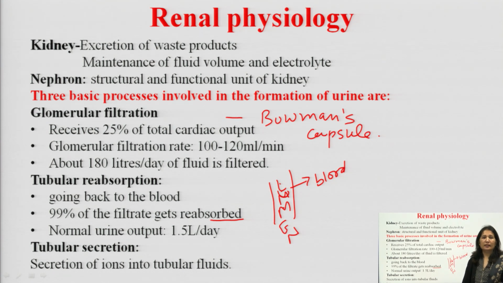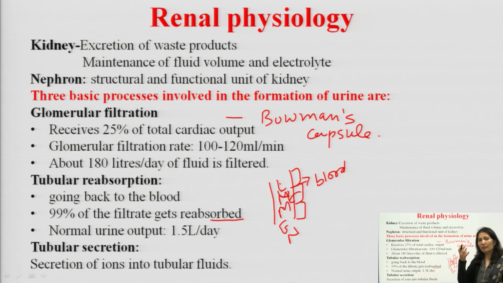The third step is tubular secretion, that is, secretion of ions into the tubular fluid. A few of the ions get secreted from the renal epithelial cells into the lumen.